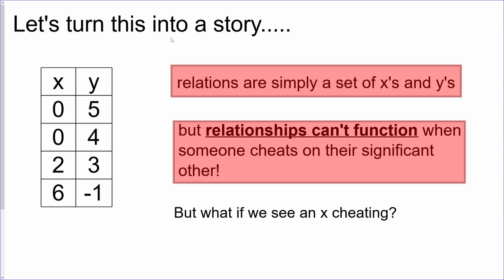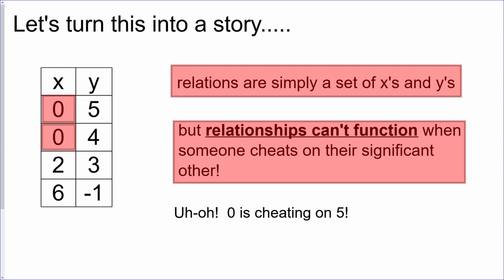Let's say we were sitting in a restaurant and we saw 0 walk in with 5 right here, and we go, okay, no problem. But then 0 got up and left, and before we left, we saw 0 come walking in with a totally different person. Just from observing, we went, this is not good. It looks like 0 is actually cheating on 5.